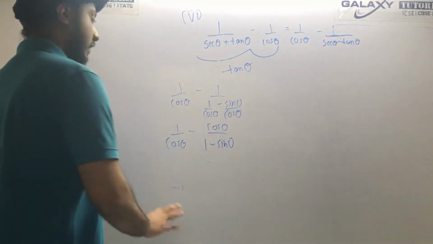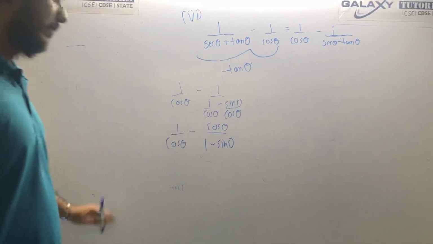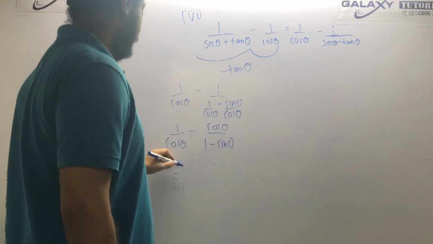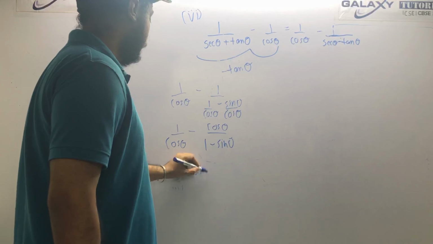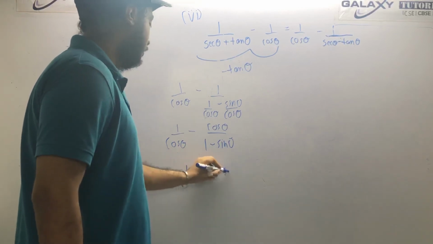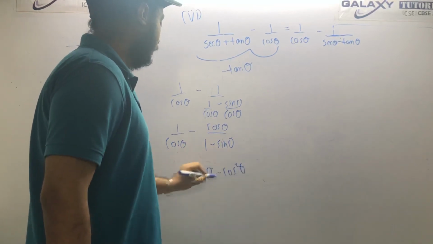Okay, I am doing this a little bit faster because I have done the same steps before also. So 1 minus sin theta minus cos square theta.